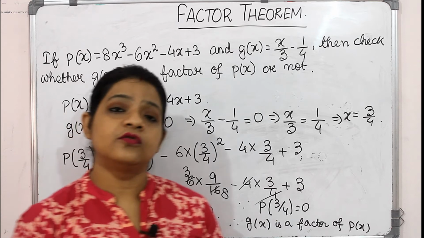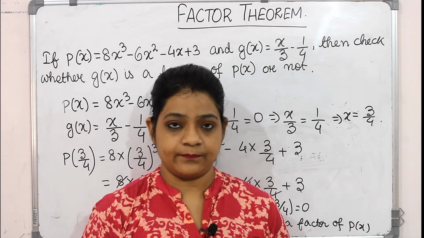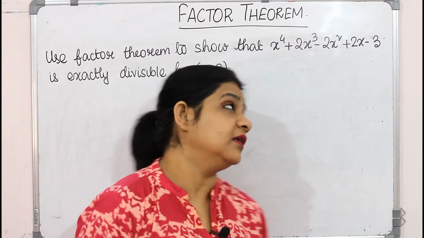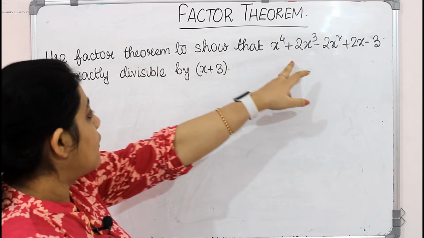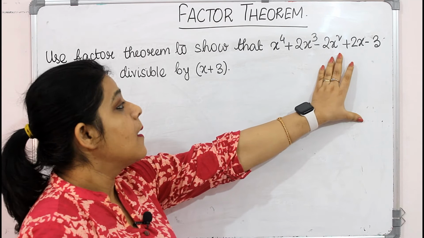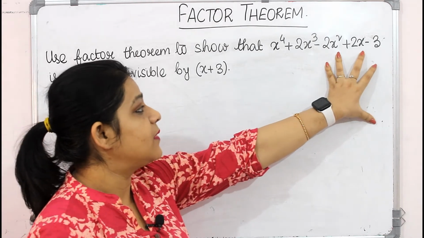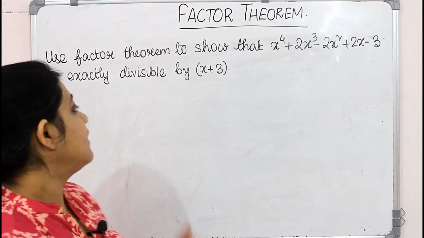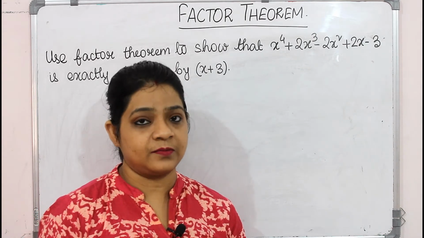Okay, so let's look into the second sum. The next sum is: use the factor theorem to show that x to the power of 4 plus 2x cube minus 2x square plus 2x minus 3 is exactly divisible by x plus 3.